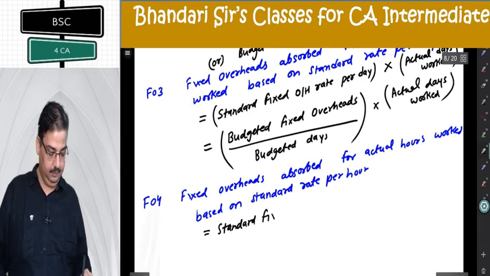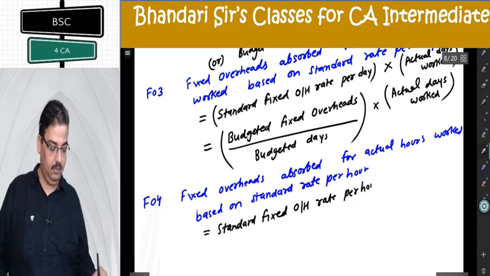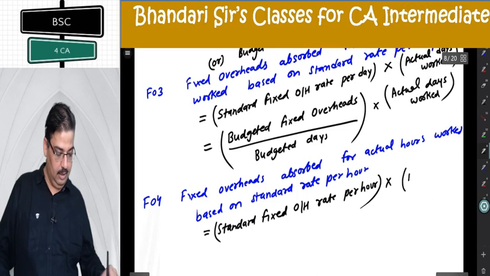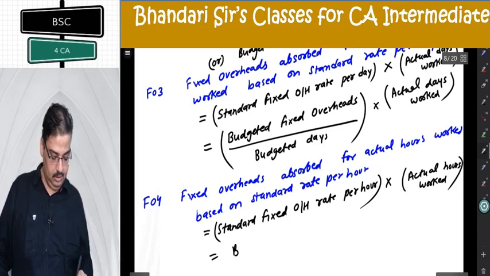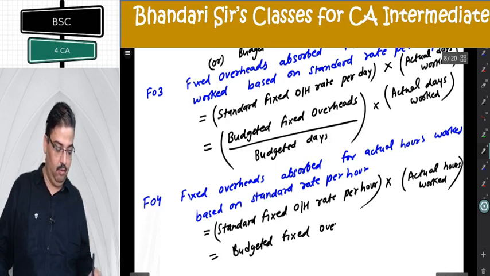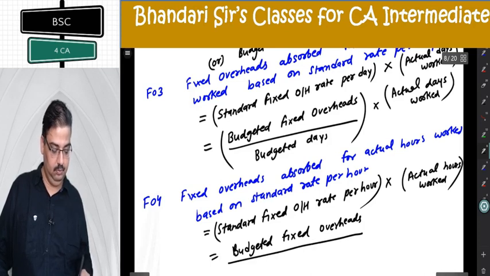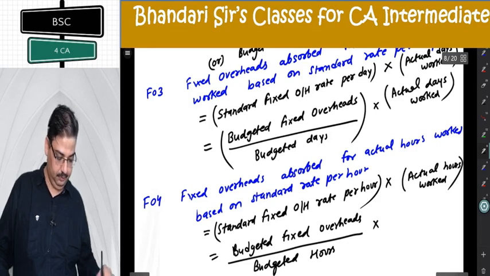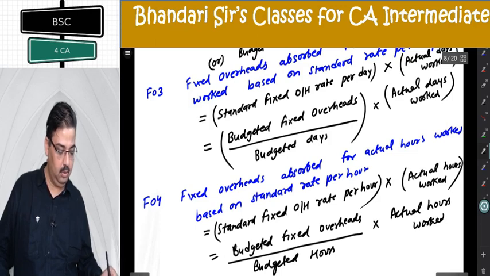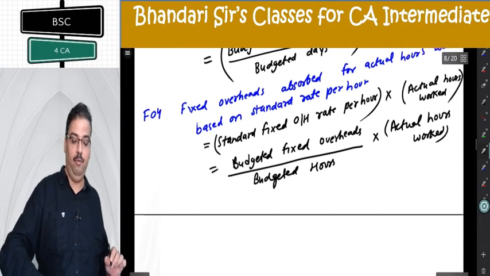Standard fixed overhead rate per hour multiplied by actual hours worked. This is budgeted fixed overheads divided by budgeted hours multiplied by actual hours worked. This is FO4.